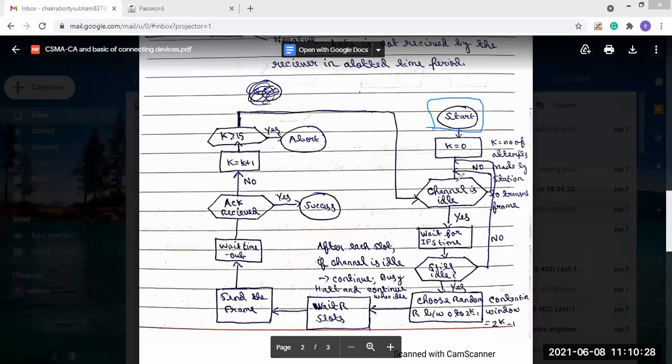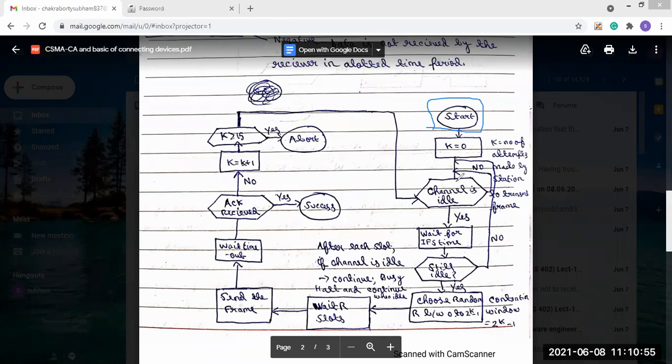Now, after each slot, what will it check? If the channel is idle in each slot, then continue. That means in each slot it will check that the channel is idle, and then send the frame. So this process will be continued. But if the channel is busy, then halt.